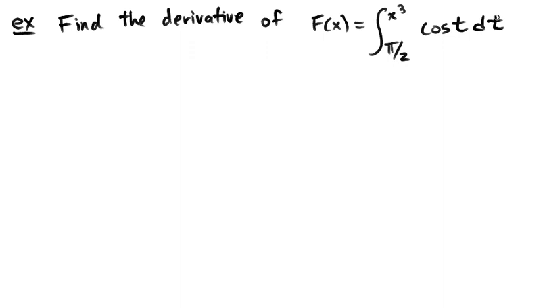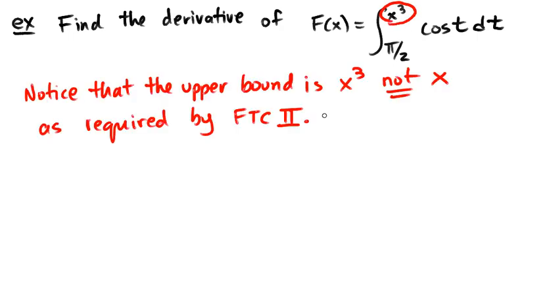However, that's not true because the fundamental theorem of calculus requires that this upper bound be an x. So, there's a couple different ways to attack this. One of them is to use the chain rule. So let's take a look at that method first.